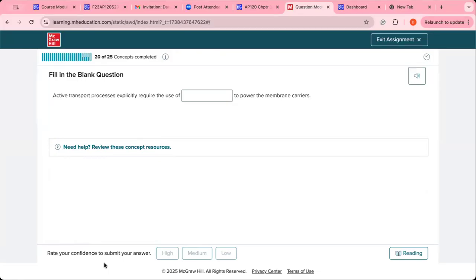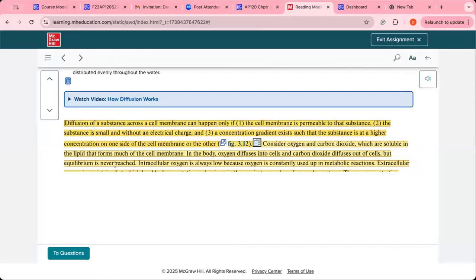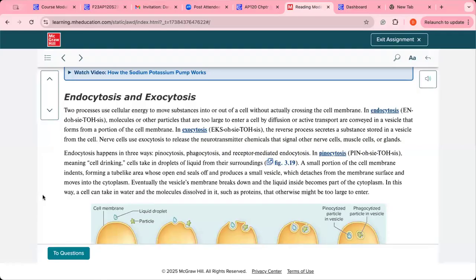Active transport explicitly requires the use of, okay, I don't know if they want energy or some other word. So let's look at the, okay.